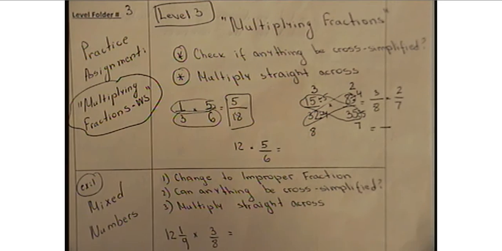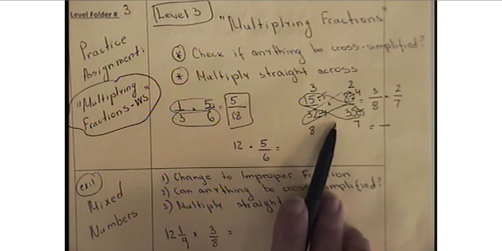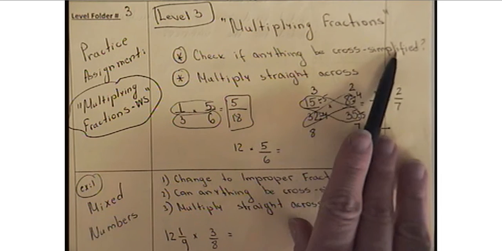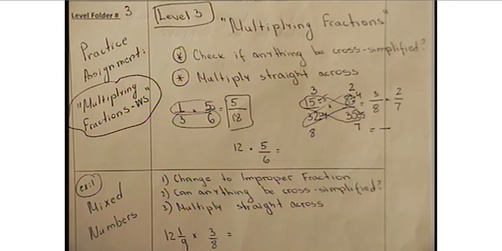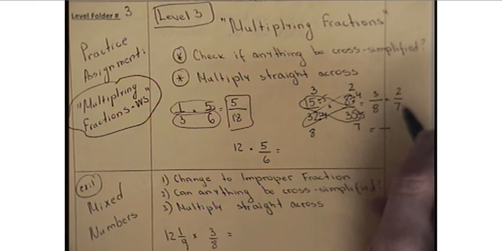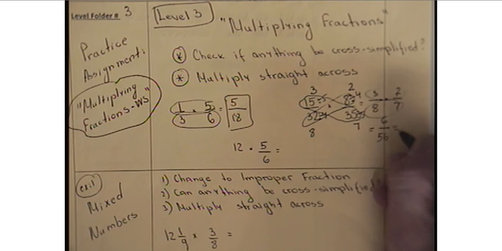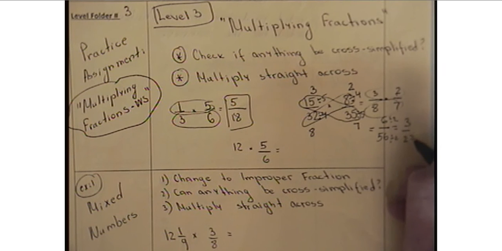After we simplify with cross-simplifying, so please pay attention to the word cross-simplify, then we can just multiply those small numbers. So 3 times 2 on the top gives us 6, and 7 times 8 is 56. Definitely this could be simplified one more time, because both are divisible by 2, so we will get 3/28.